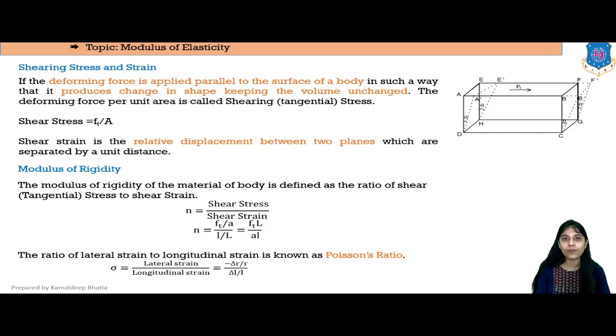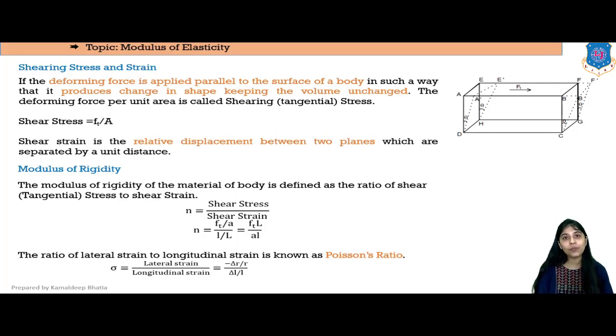So two types of strains are produced, longitudinal strain and lateral strain. Longitudinal strain is nothing but the ratio of change in length to original length, and lateral strain is nothing but the ratio of change in radius to original radius.